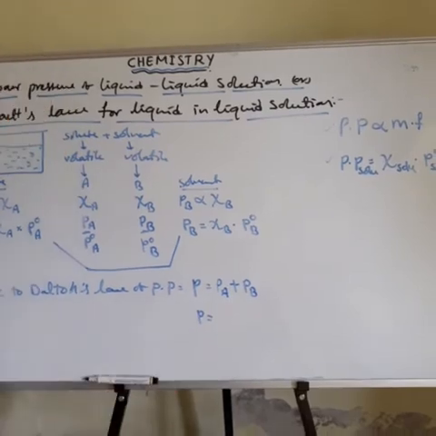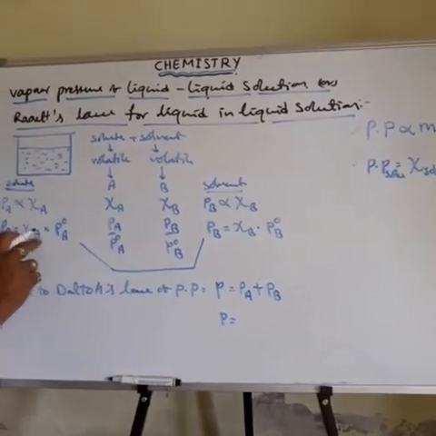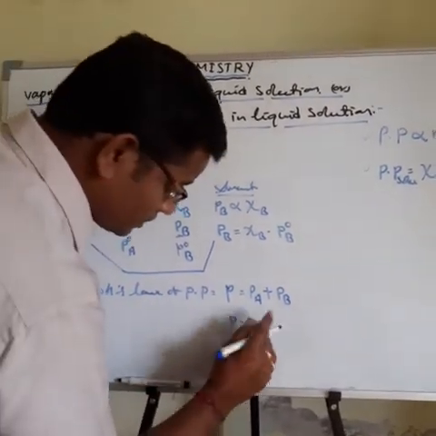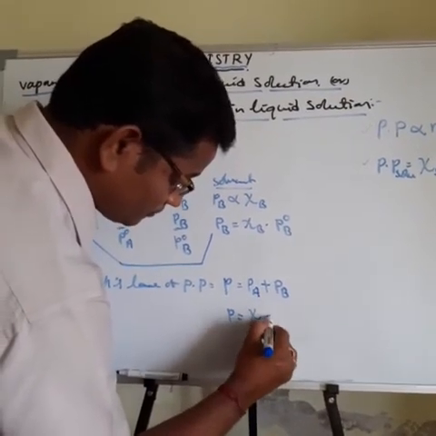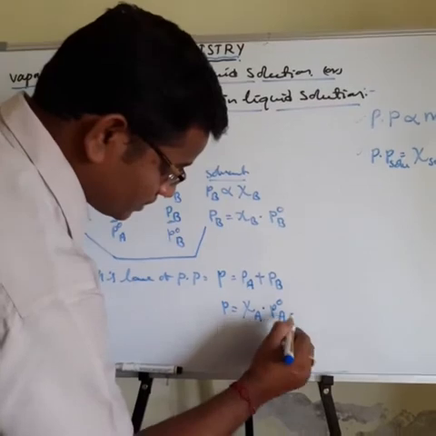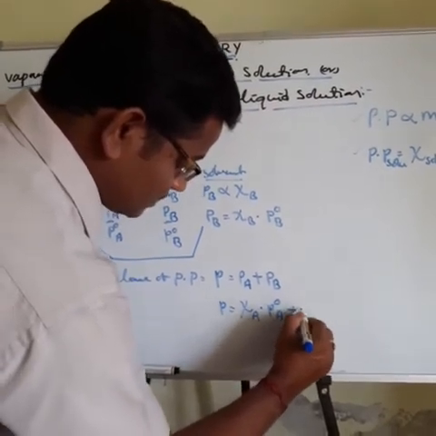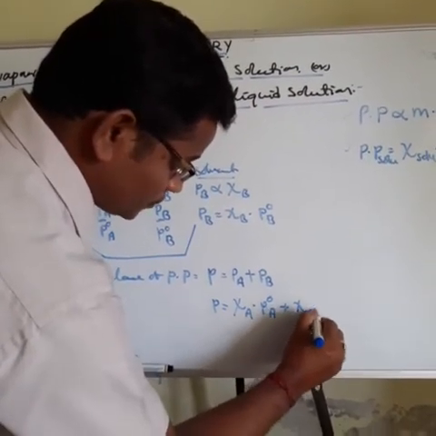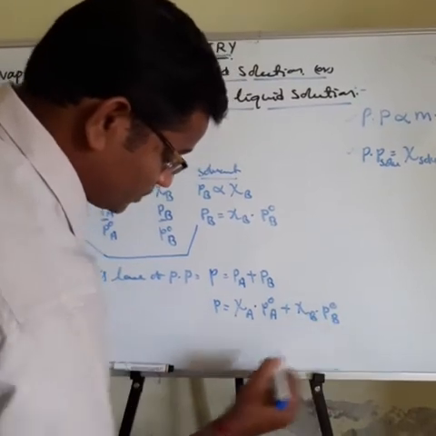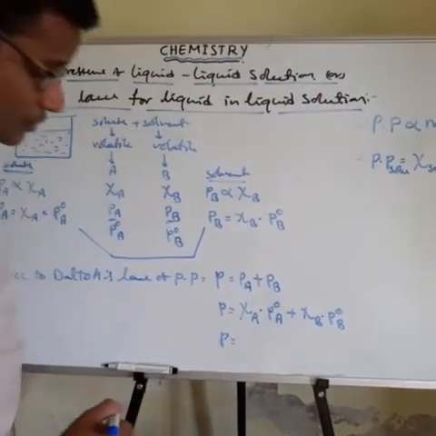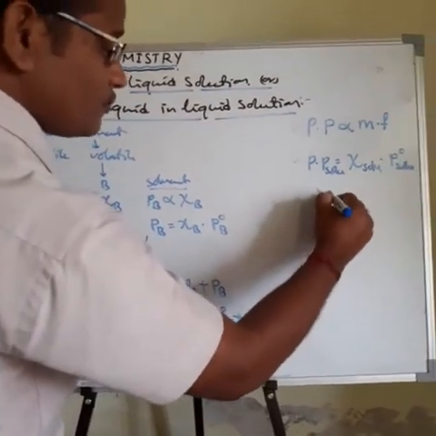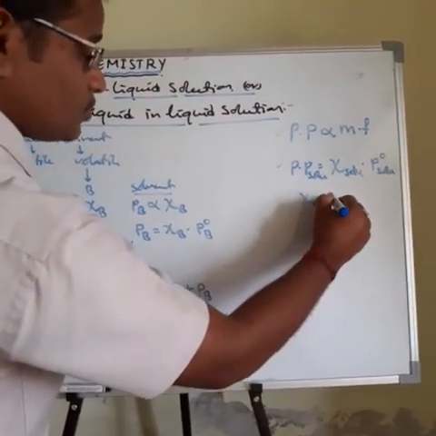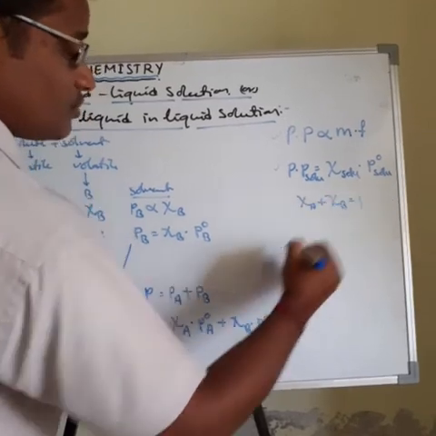Therefore P is equal to PA plus PB. PA is equal to Xi A into P naught A, plus Xi B into P naught B. Now the mole fraction of the solute plus the mole fraction of the solvent is always equal to 1.